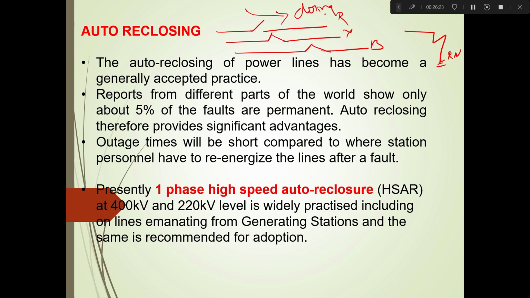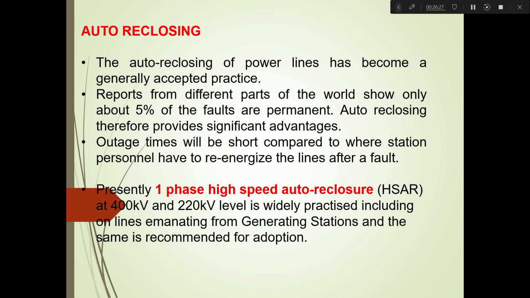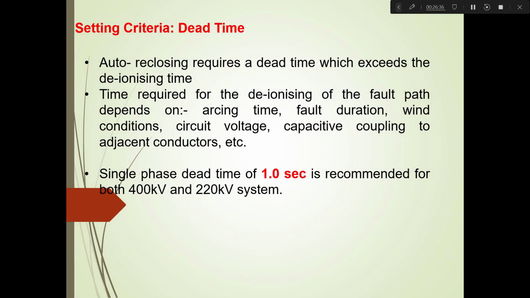And this certain time delay is called dead time. So there are many types of autoreclosure schemes. Presently in PowerGrid, single phase high speed autoreclosure schemes are being used, and this is basically single phase single shot autoreclosure.